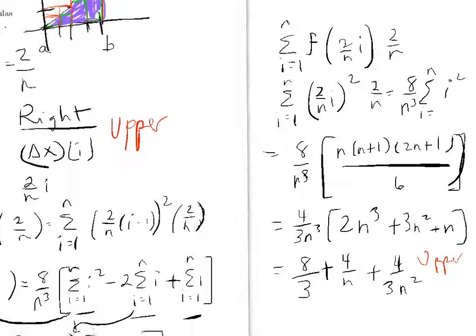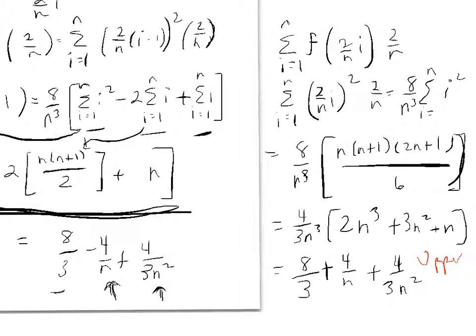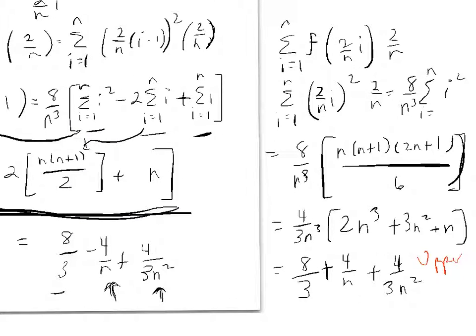Let's take a look over here at what we got for our lower sum and compare them. This was our lower. Side by side, what is similar, what is different? The only difference between the upper sum and the lower sum is this one little minus sign and the plus sign here.